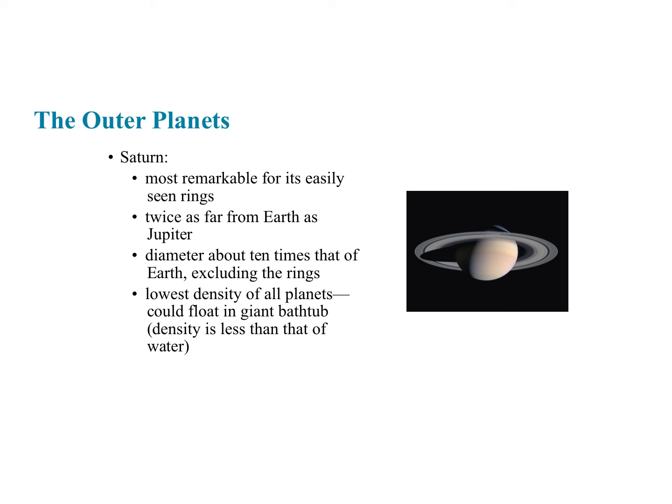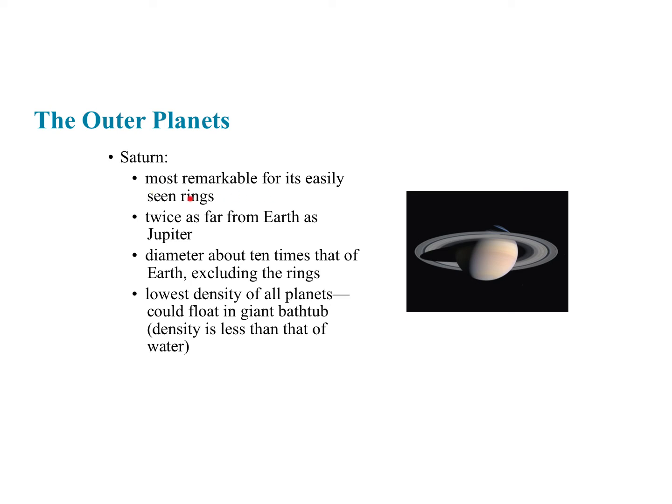Now, Saturn is the planet outside of Jupiter's orbit, the next planet outside, and it's remarkable for its gigantic ring system. A lot of people don't know this, but all the outer planets, Jupiter, Saturn, Uranus, and Neptune, they all have ring systems. It's just that Saturn's ring is so much bigger than everybody else's. It's like startlingly big.